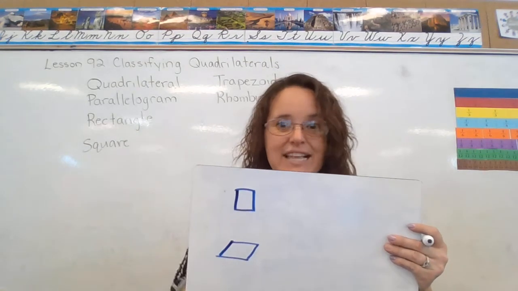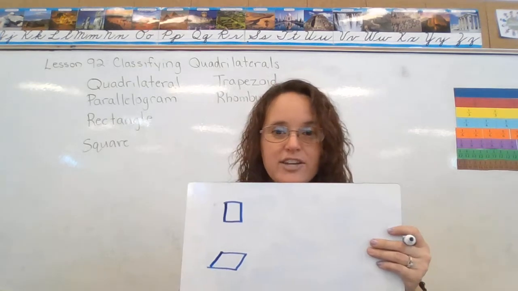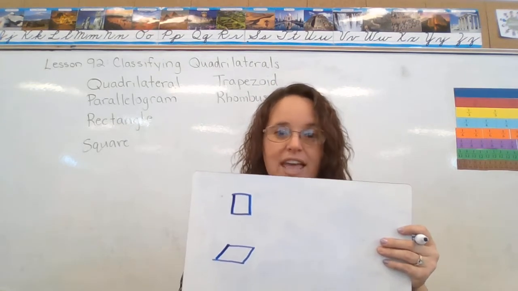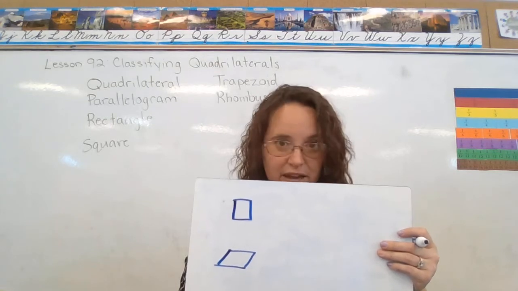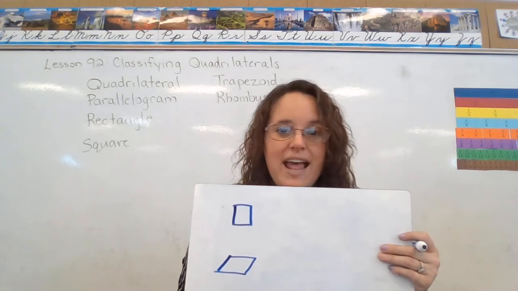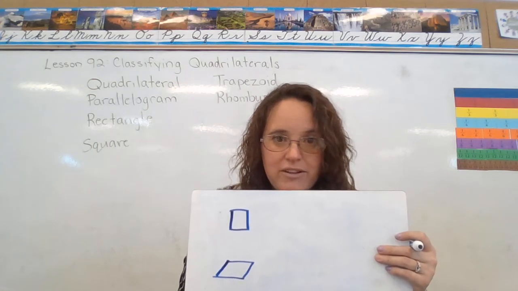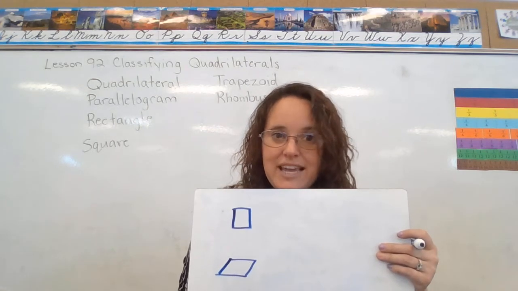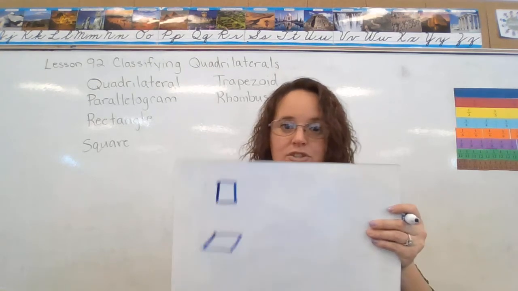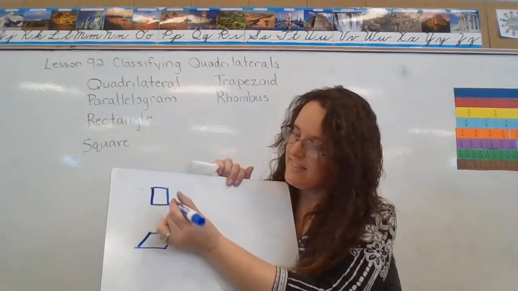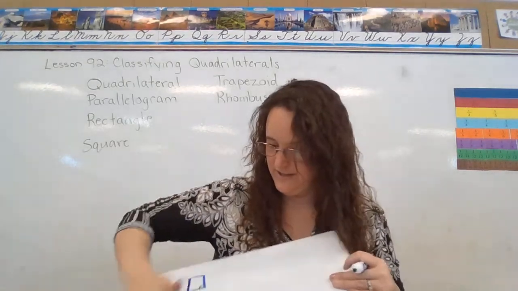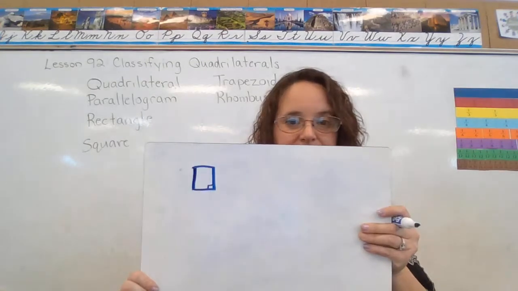We're going to get slightly more specific and talk about a rectangle. A rectangle is a parallelogram, so it has four sides, it has opposite sides that are parallel, and a rectangle has 90-degree angles. So this is a rectangle, this is not.